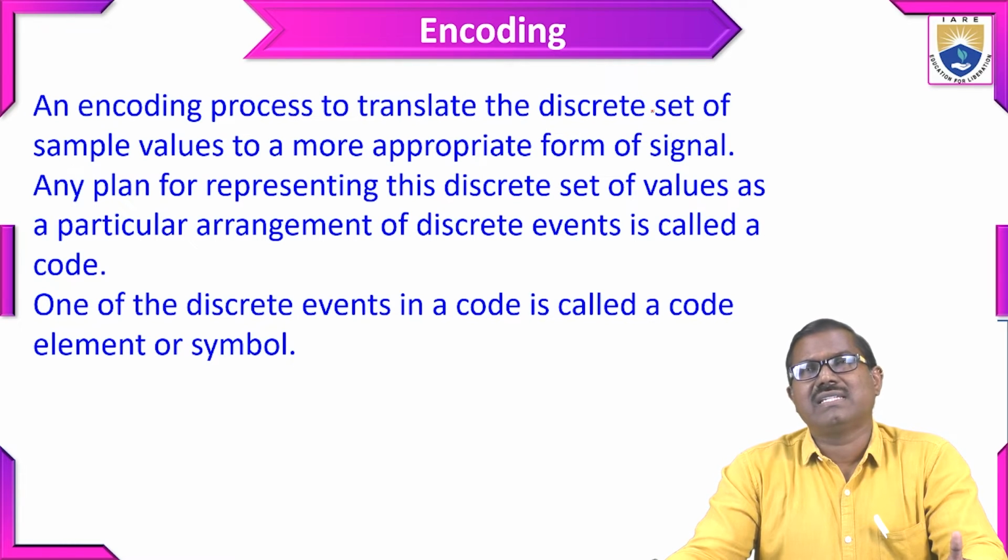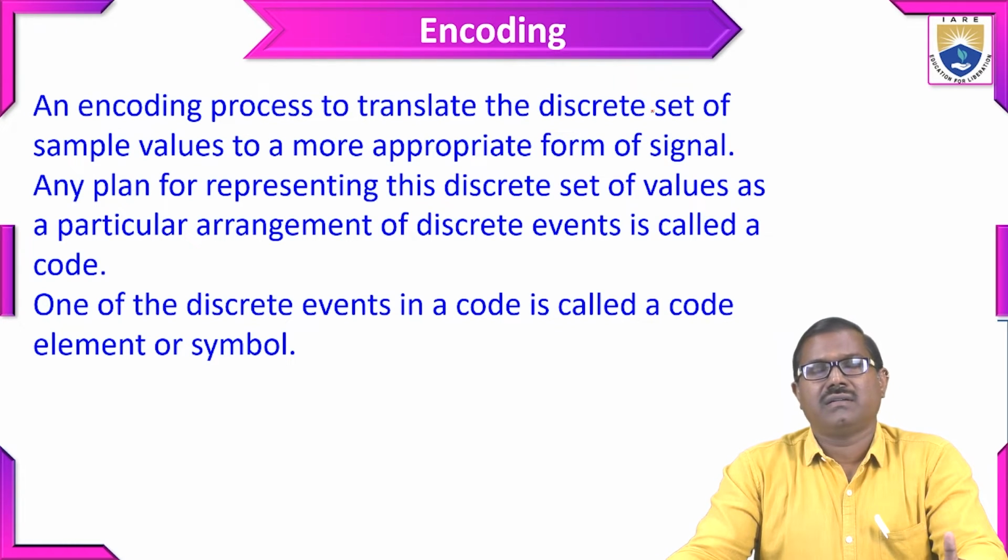Whenever the signal is discrete in both time and amplitude, we then encode. So what is encoding? Encoding is a process to translate the discrete set of sample values to a more appropriate form of signal. Any plan for representing this discrete set of values as a particular arrangement of discrete events is called a code.